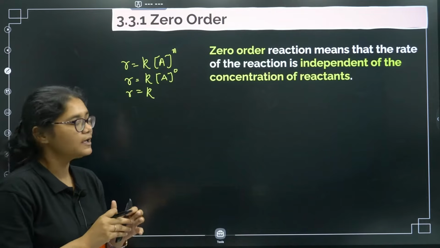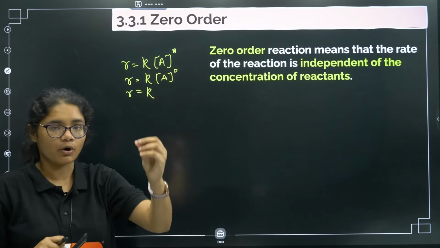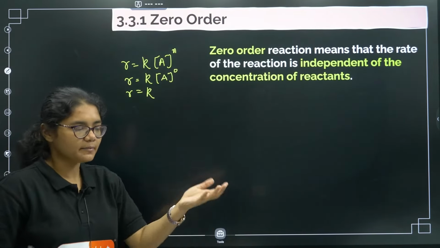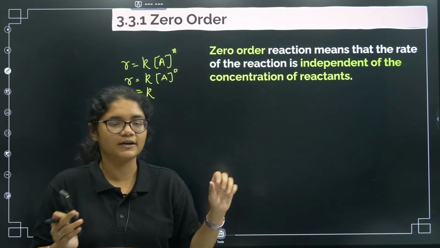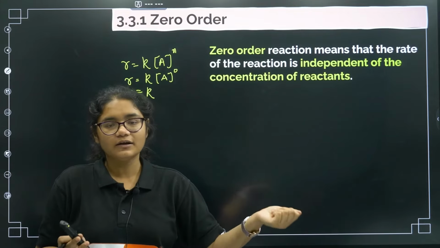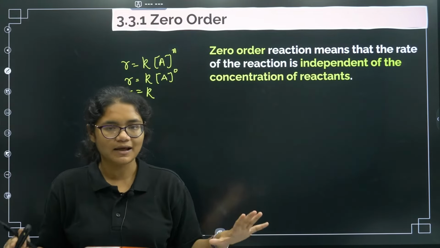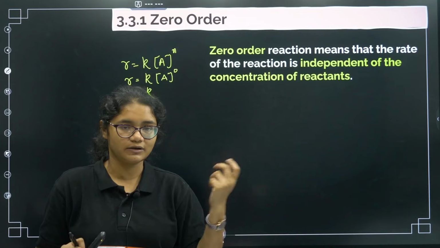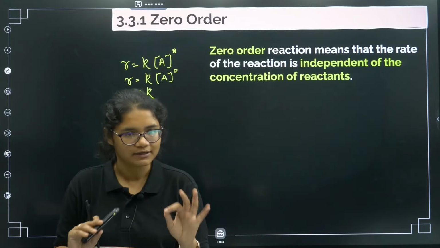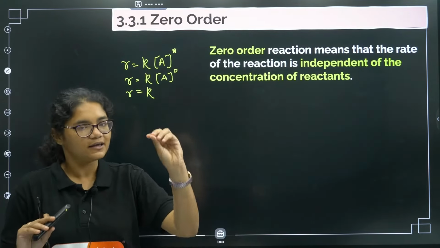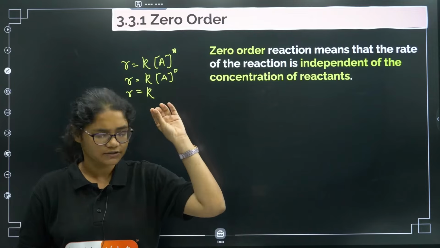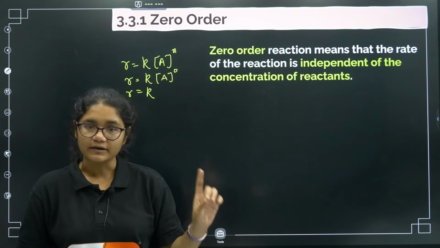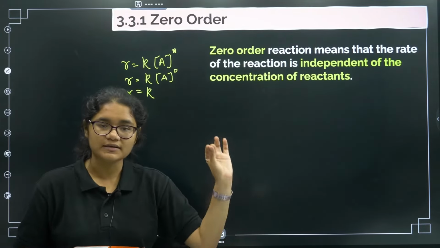So if a reaction is 0 order, what do you mean by that? If somebody asks you what you mean by 0 order, explain it practically, not just the definition. Explain in layman language what a zeroth order reaction is. The very simple definition is: if a reaction is zeroth order, that means whatever you do to the concentration, whether you increase or decrease it, the rate of the reaction will still remain the same.